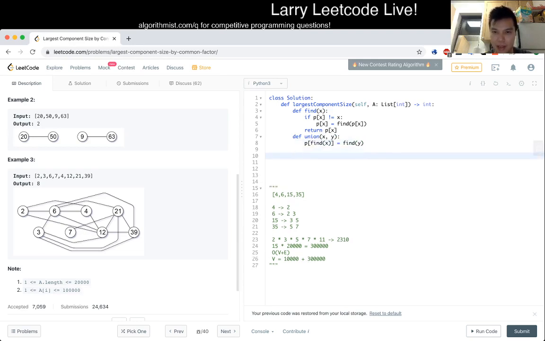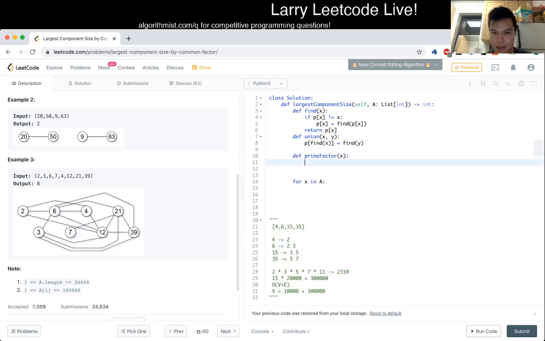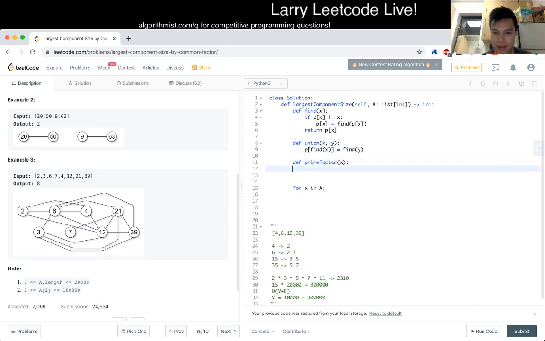And then now, for each number, for x in A, let's actually have a prime factorization routine. So for y in range from 2 to x, we could probably do a little smaller than that.